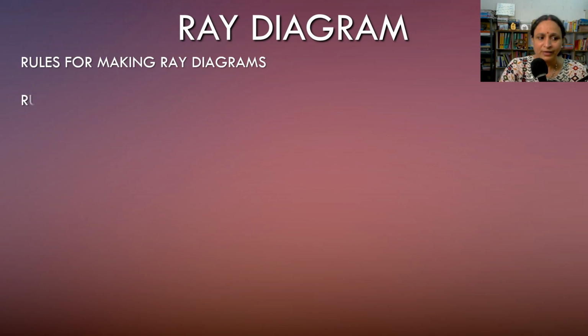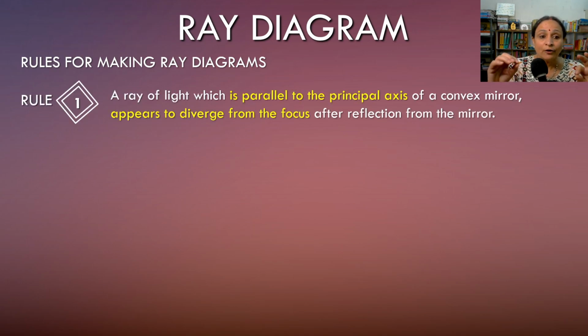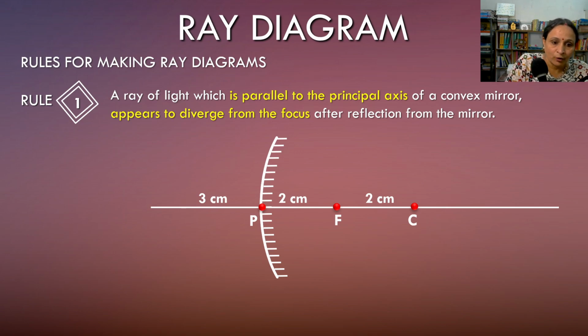So, for the first rule, the ray of light which is parallel to the principal axis of a convex mirror appears to diverge from the focus after the reflection from the mirror. Now, look at the diagram. Now, I've got a convex mirror, the pole, the focus, the center of curvature, everything is given, right?